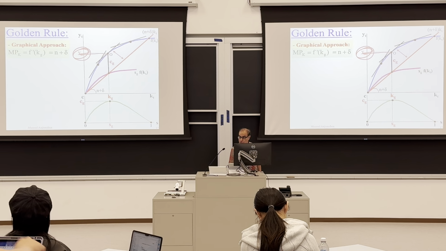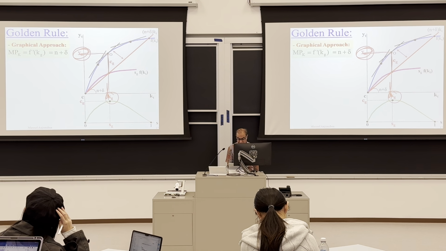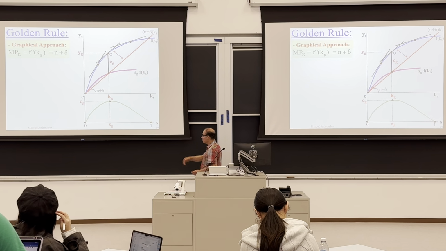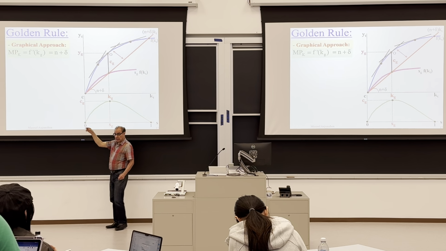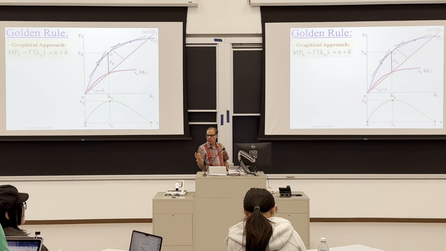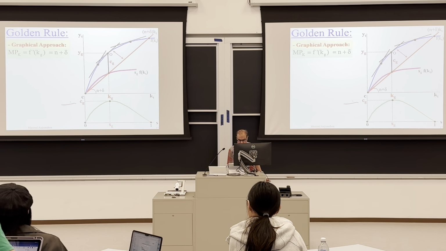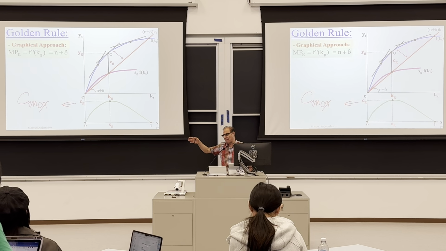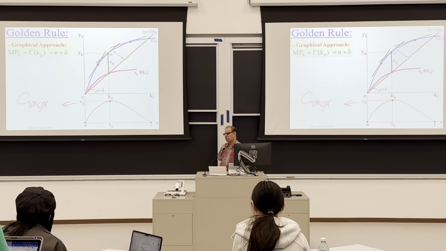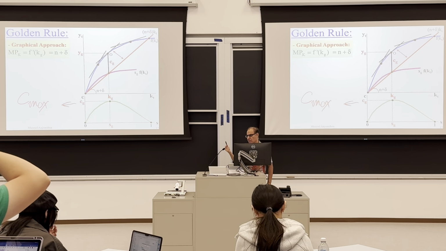Golden rule output per worker, golden rule capital per worker, golden rule saving rate, golden rule consumption per worker. And by the way, some books show this as consumption maximum. The same thing, golden rule.